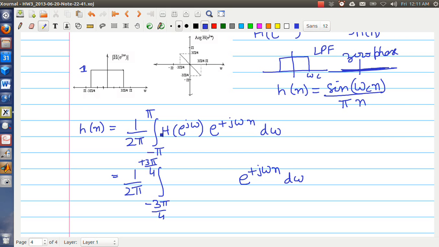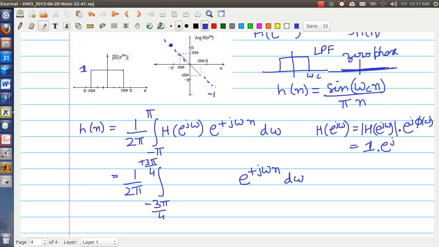Now the frequency response is the magnitude times e^{j·phase}, right? The magnitude in this interval is just 1, and the phase, we see that this is a straight line with a slope of minus 1.